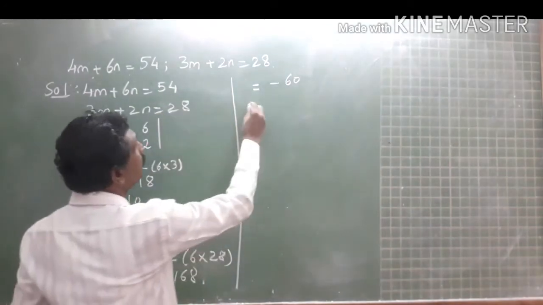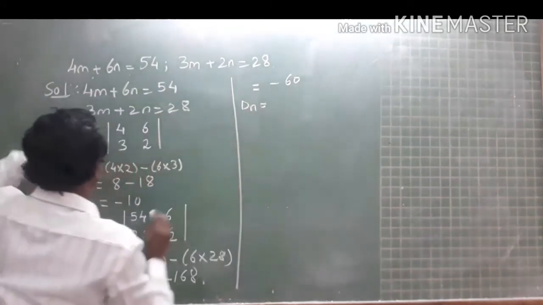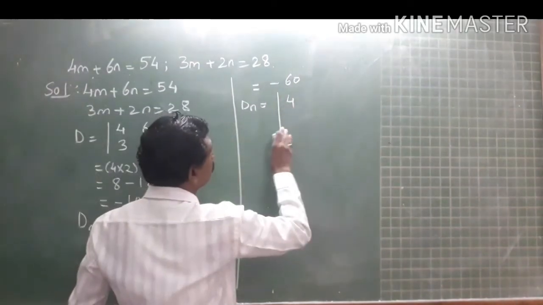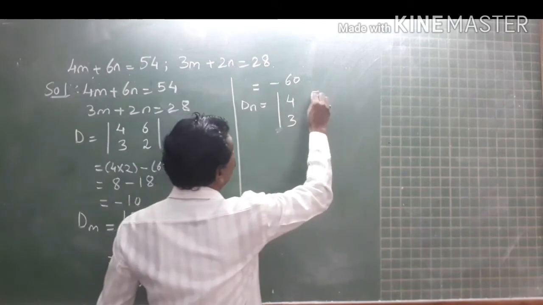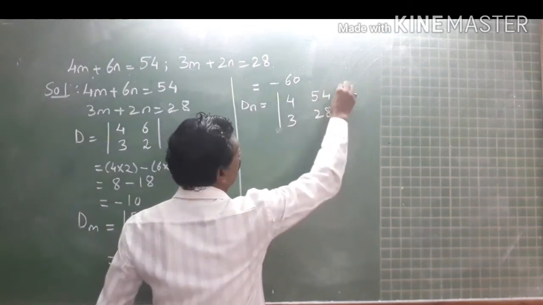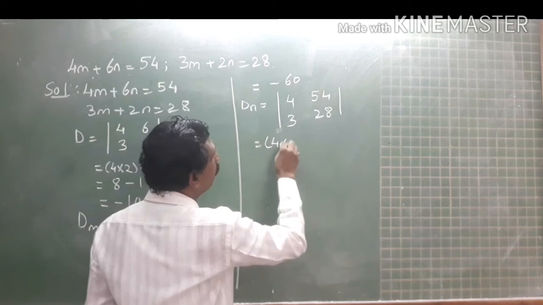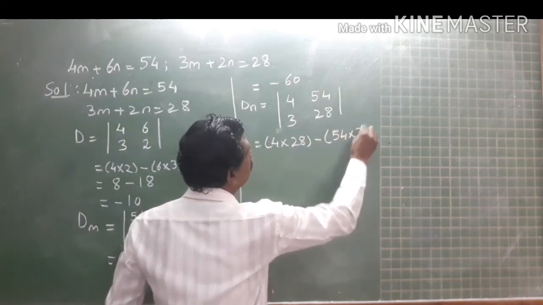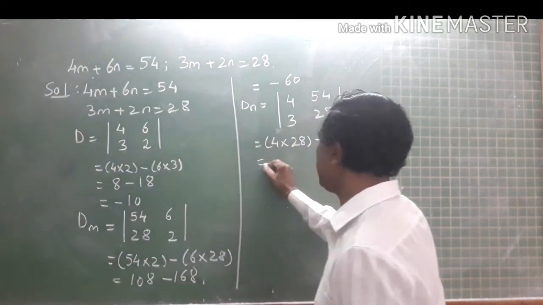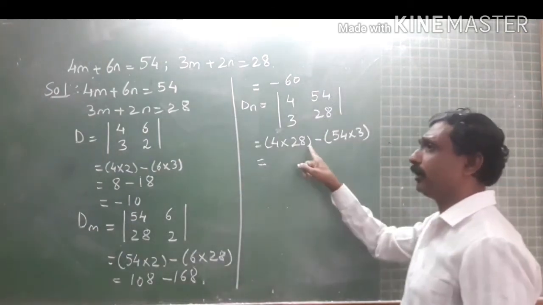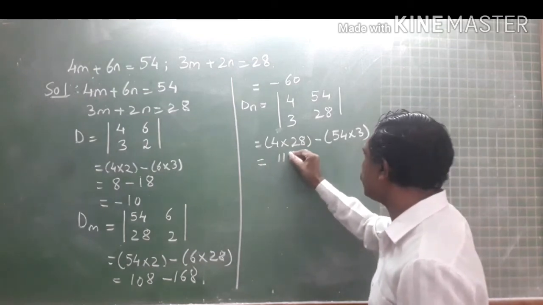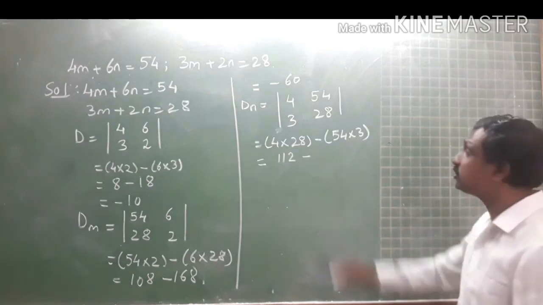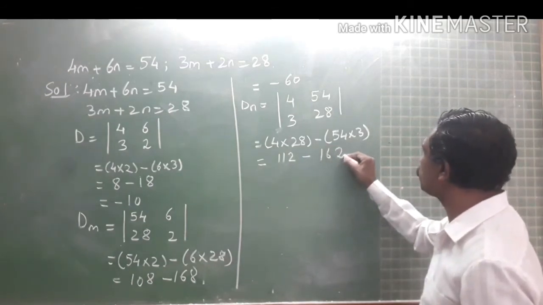Now let us find d of n. D of n is equal to 4, 3, 54, 28, which is equal to 4 multiplied by 28 minus 54 multiplied by 3, which is equal to, now carefully see here, 4 into 28 gives me 112 minus 54 into 3 gives me how much? 162.